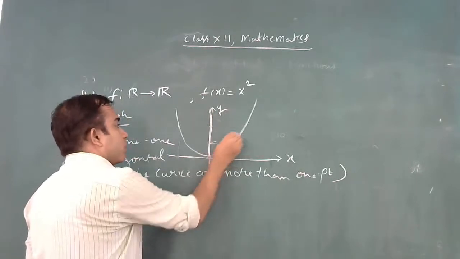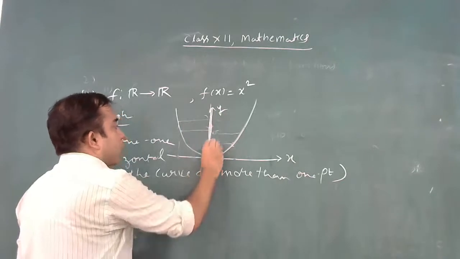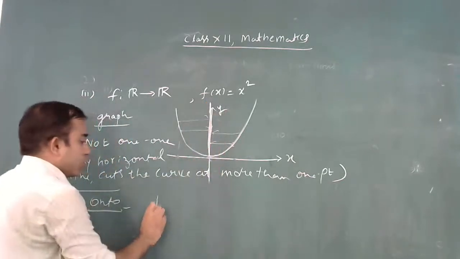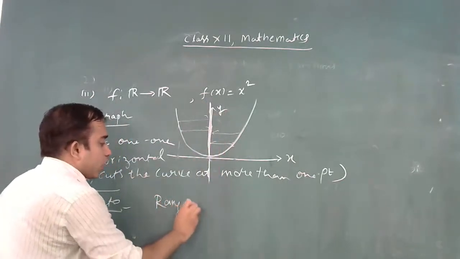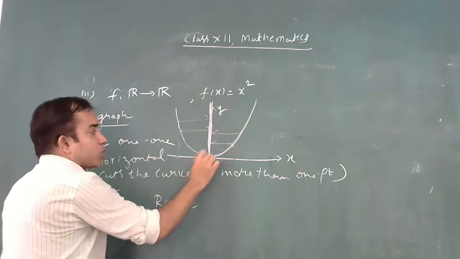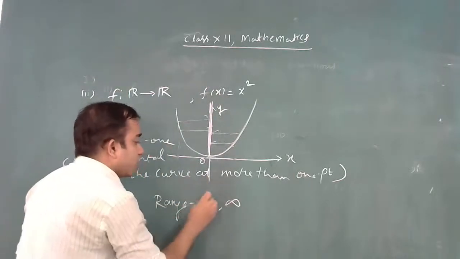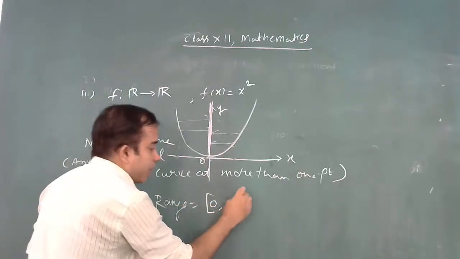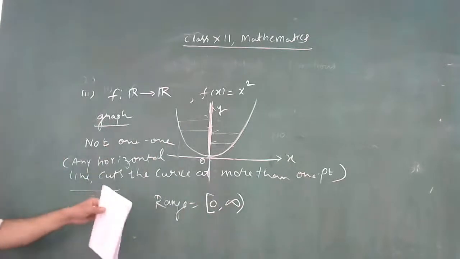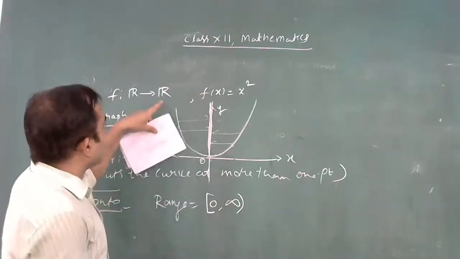So many perpendiculars if you draw, the foot of perpendiculars will fall here. This is range. So range is how much? Range is this part of y-axis. You know how it will be written? Starting from 0 up to infinity. 0 to infinity. 0 included, right? Infinity always excluded. This is the range. Now for alternate check whether the range is same as codomain.